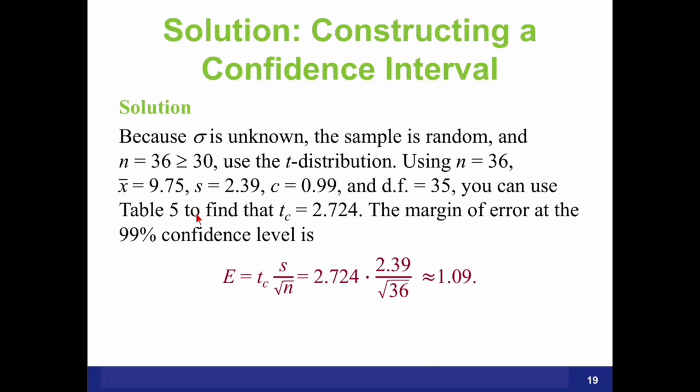Now, we use the table to find the critical value for the 99% level of confidence. Then we can build the margin of error using the formula: the critical value of the t-distribution for the 99% level of confidence, times the sample standard deviation divided by the square root of the sample size. This is approximately 1.09.